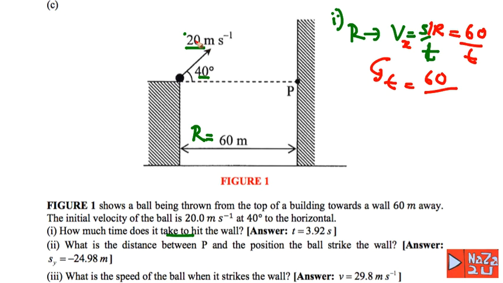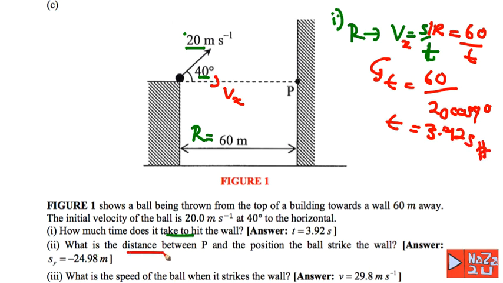Resolving the 20, vx is 20 cos 40. So t is equal to 3.92 seconds. Okay, number 1.